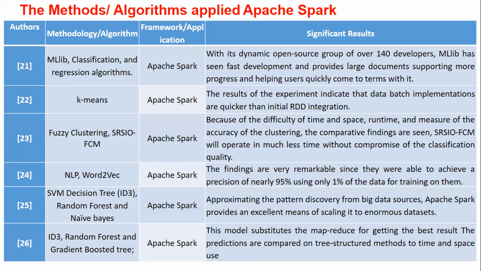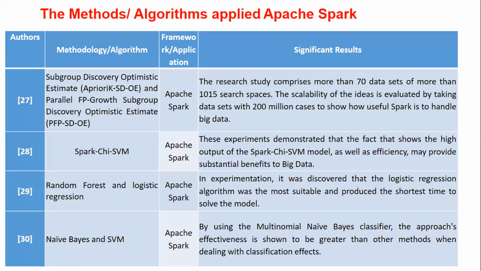But by the results presented in the papers, we see that all the papers implemented with Spark have more efficiency and more speed, and they can implement several more algorithms than Mahout.